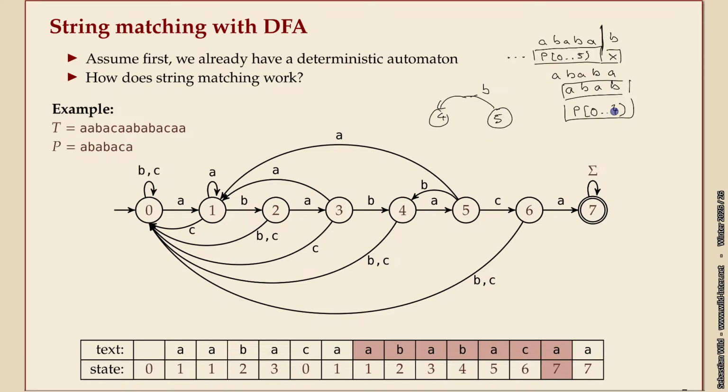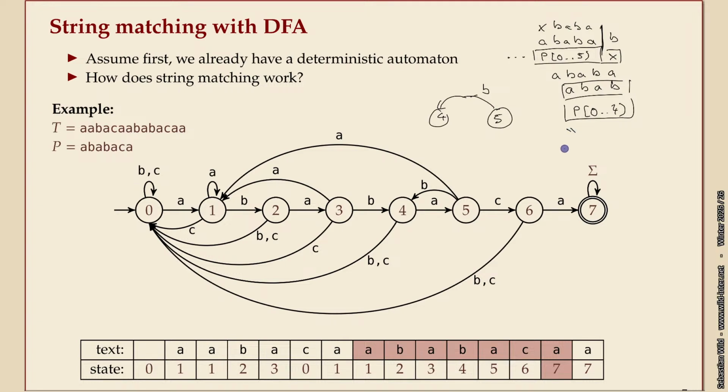I don't know how far I have to shift the pattern, but I can just omit the first character and start reading BA in the automaton, and that will magically get me to essentially where I need to go. So I go B, A, and from there I can read another B. And that brings me to state 4, which is the target of my arrow. So we get the same answer, this 4.